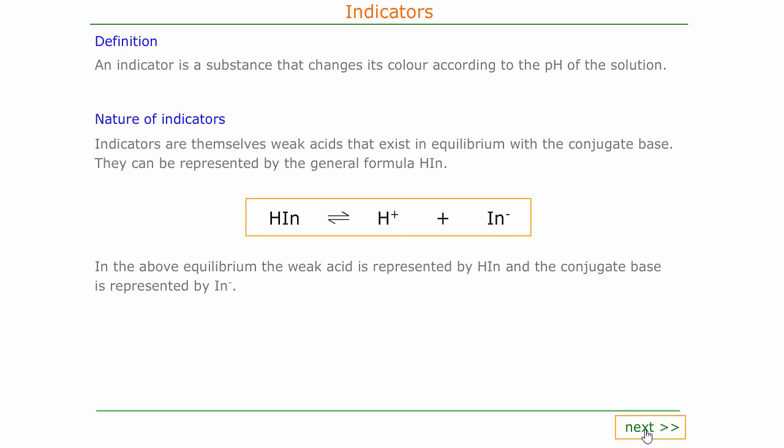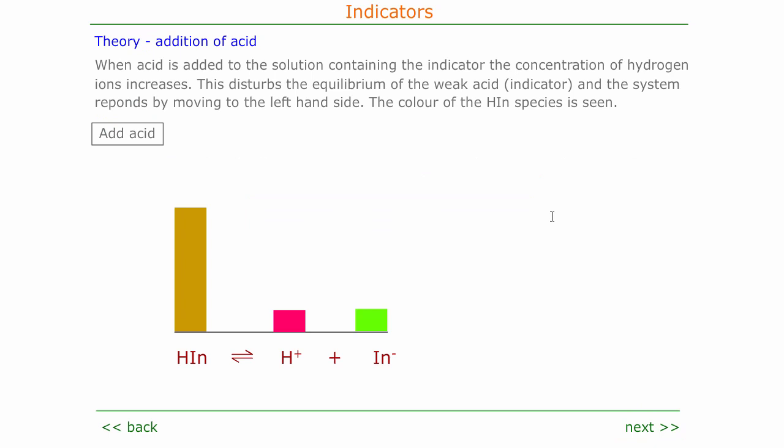Okay, let's have a little look at some ideas. So imagine we have our HIn. Now it's a weak acid, HIn, the indicator. That's an acid, remember, weak acid. So as a weak acid, the majority of the particles in the solution will be HIn. They won't be dissociated.